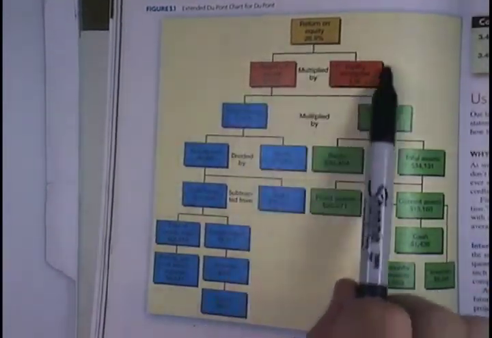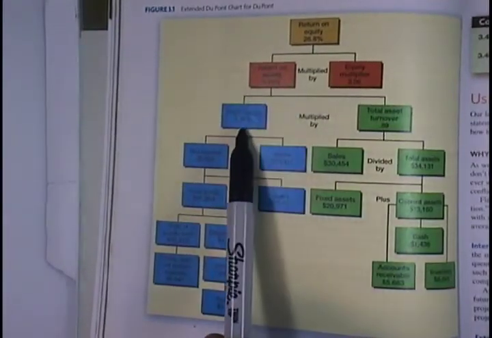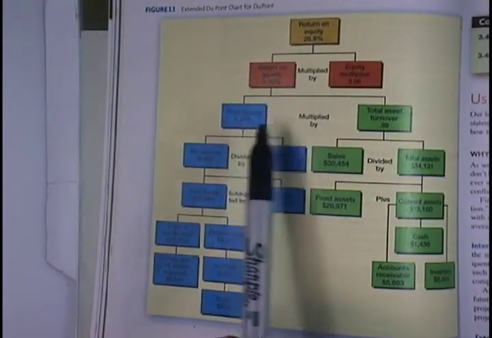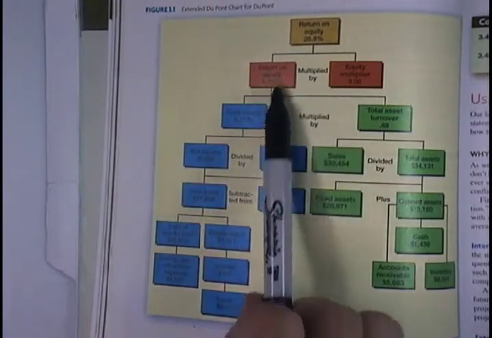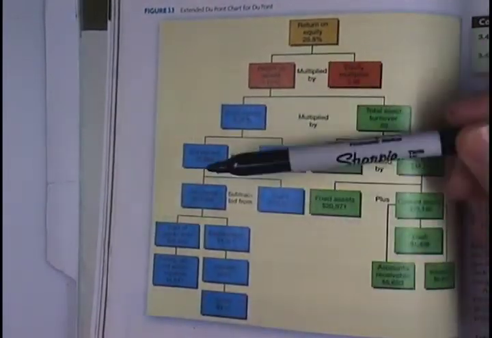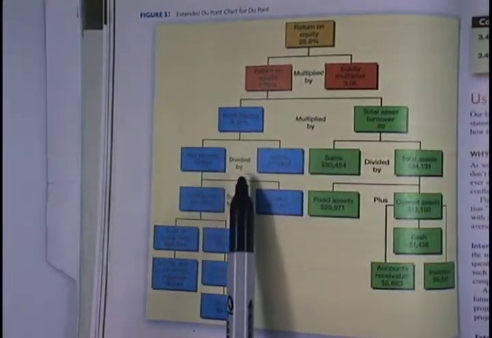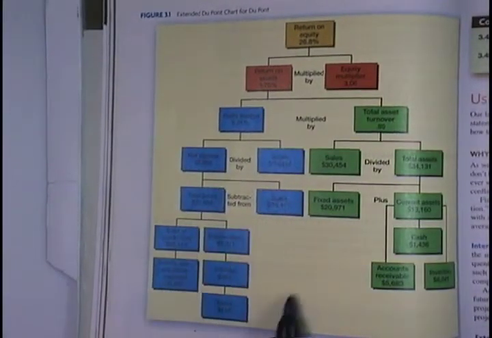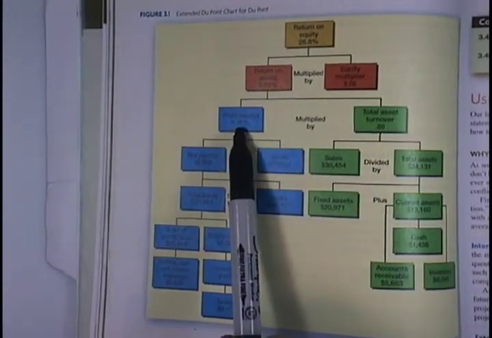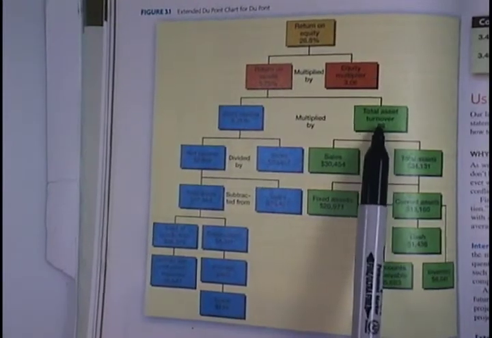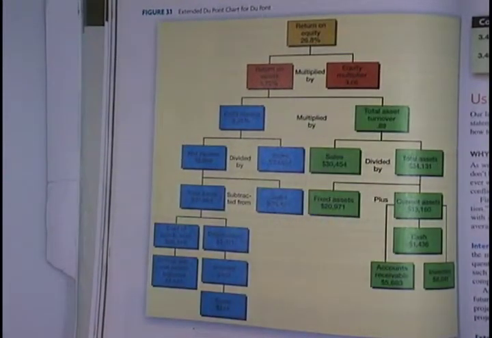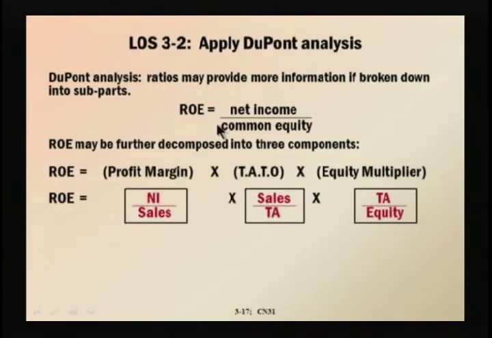And that's further broken down, and ROA is broken down into profit margin, total asset turnover, which would be multiplied by the equity multiplier. That is as deep as we will take it, but figure 3.1 shows you could break these different components down into much more detail to try to see what is driving your profit margin or your total asset turnover or this equity multiplier. So we'll leave it just at 3 components for ROE.